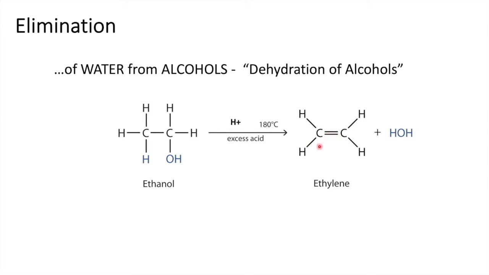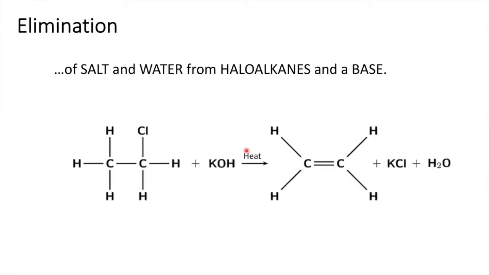So you're going to go from an alkane to an alkene, and you're going to pull out water. Again, that's H2O, but a lot of times in this chapter, I'll write it as HOH. Now, this does have to happen at a certain temperature, and it has to happen in excess acid, and I'll get more into that in the next chapter.